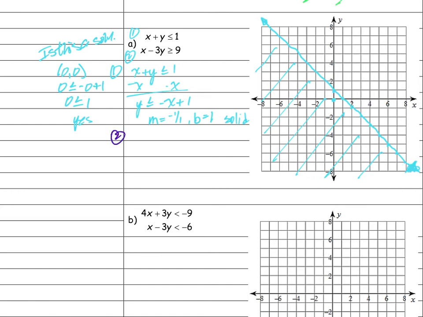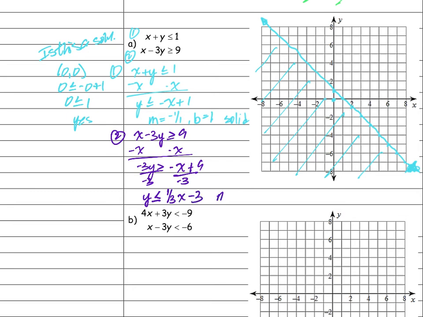Line 2 says x minus 3y is greater than or equal to 9. Subtract x. Negative 3y is greater than or equal to negative x plus 9. Divide by negative 3. So y is less than or equal to, because I divided by a negative number, the sign switches, 1/3 x minus 3.